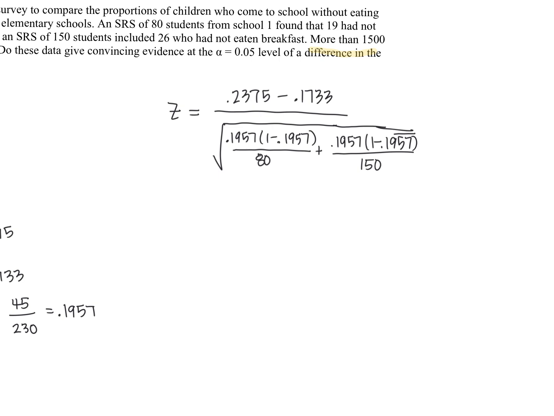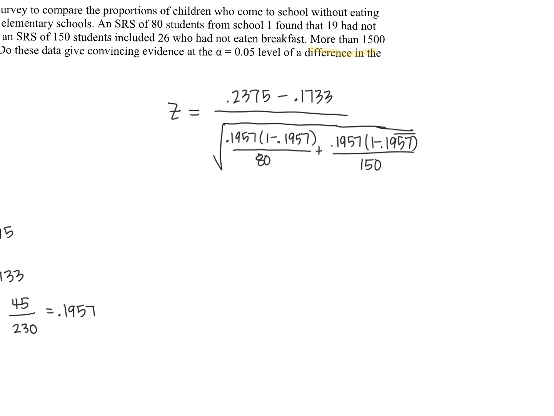Probably the hardest part of a difference in proportions is that pooled proportion and remembering to do it for the denominator of the test statistic. Because when we're doing a difference in proportions for a confidence interval, we don't have to do it. And when we're doing our significance tests, when we're doing our sample proportions before in chapter 5, we also didn't have to worry about it.